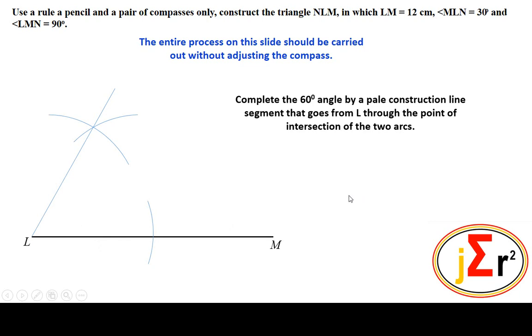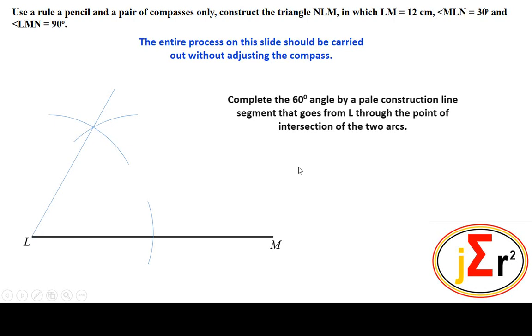And please take note that while I am constructing for the CXC examiners, I am not writing in the figures. So we have LM 12 centimeters. I am not going to say that is 12 centimeters. The angle 60 degrees, I am not going to say that the angle is 60 degrees.